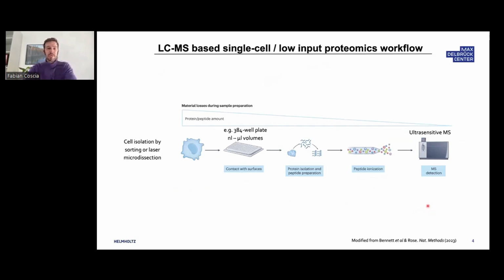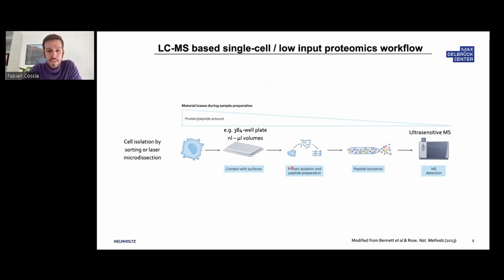So what is so different about conventional shotgun proteomics, mass spectrometry on the basis of liquid chromatography mass spectrometry, compared to low input or single cell proteomics applications? While these two workflows are conceptually very similar, as you see illustrated in this figure, special adjustments are needed in order to deliver these trace sample amounts, basically the proteome of a single individual cell or of very few cells in the tissue microenvironment, to our mass spectrometer.